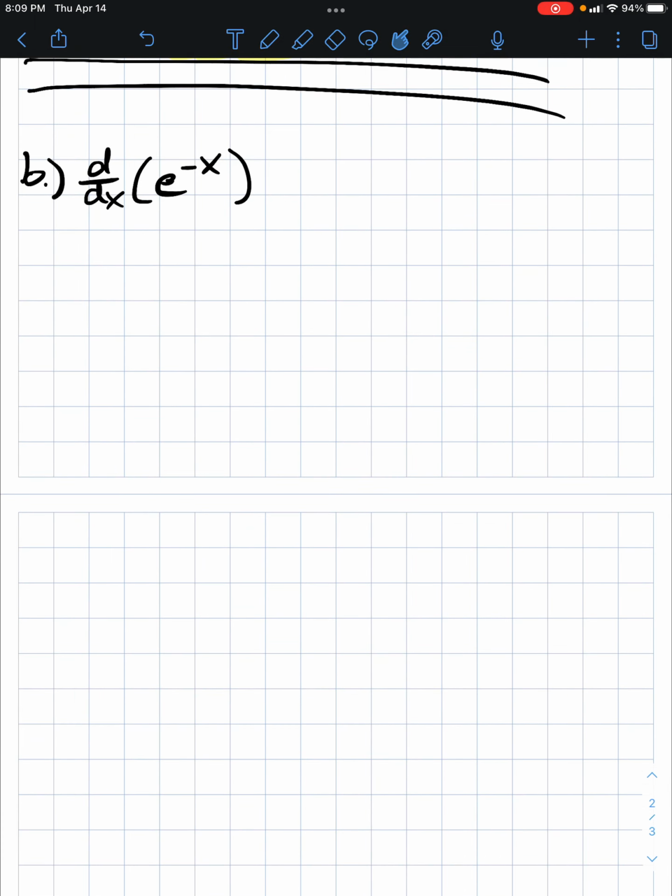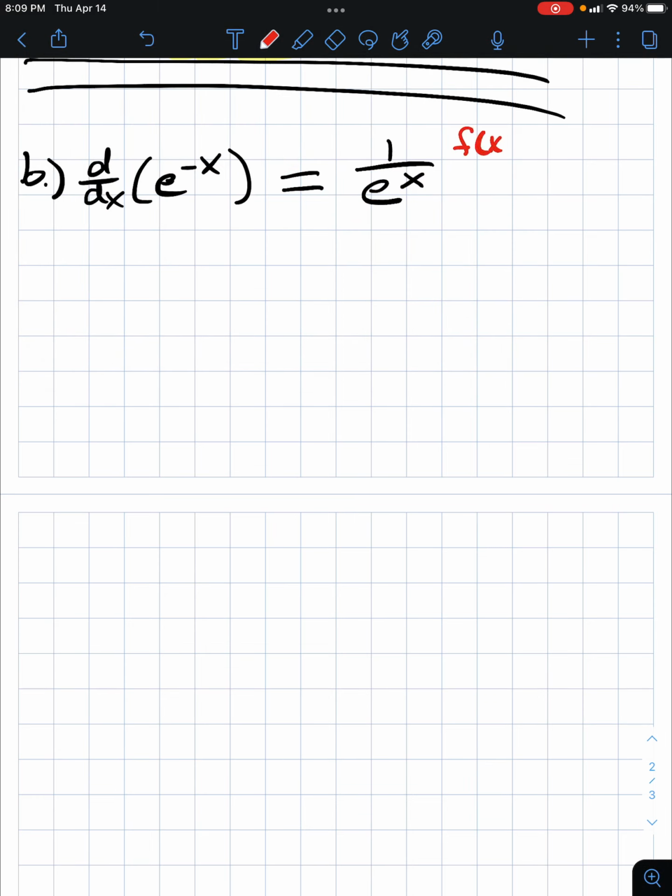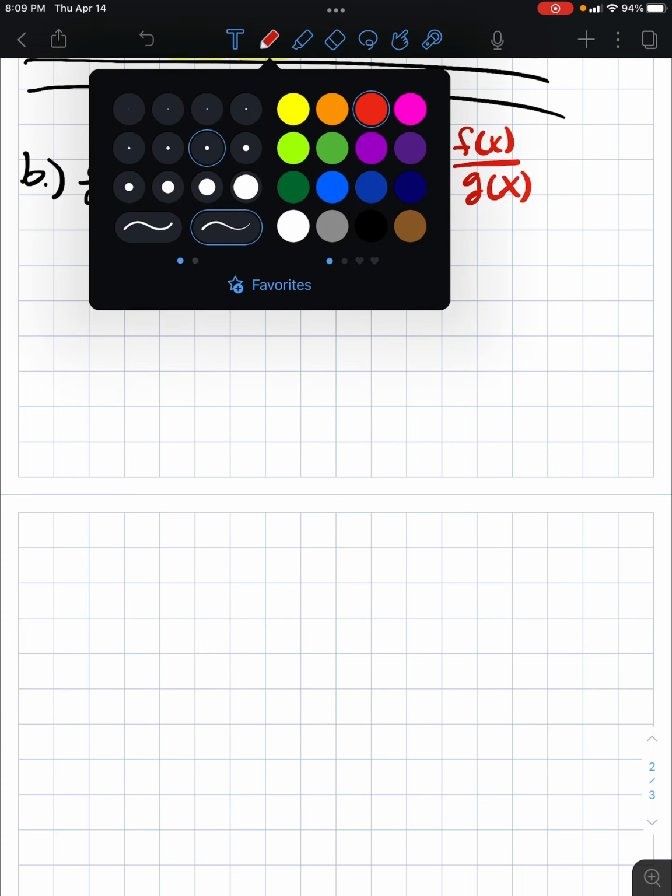Now in part B, we need to find the derivative of e to the negative x. So what is e to the negative x? Well, this is equal to 1 over e to the x. So our f of x is 1 and our g of x is e to the x.